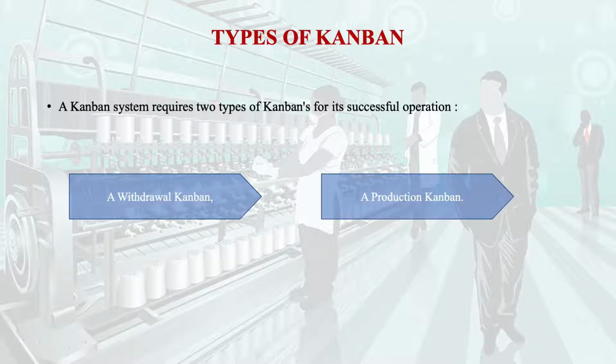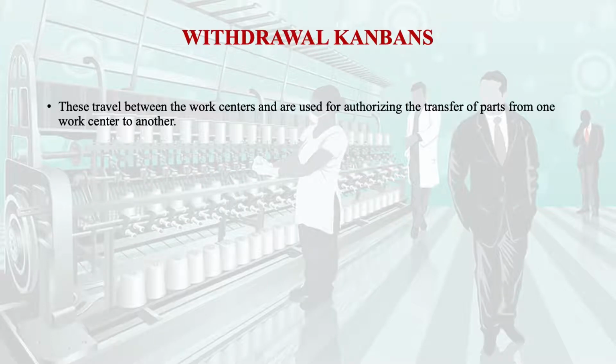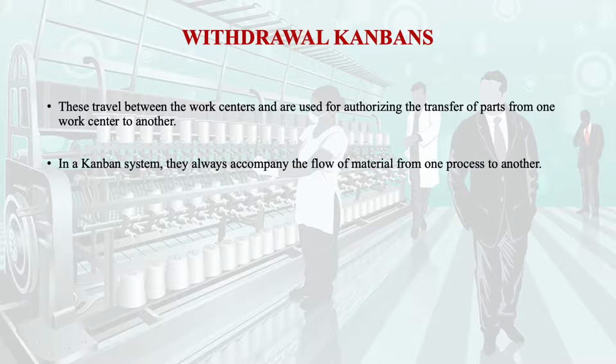When we talk about the withdrawal Kanban, this type of Kanban travels between the work centers and is used for authorizing the transfer of parts from one work center to another work center. In a Kanban system, they always accompany the flow of material from one process to another.